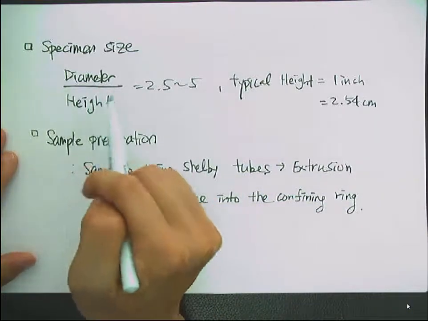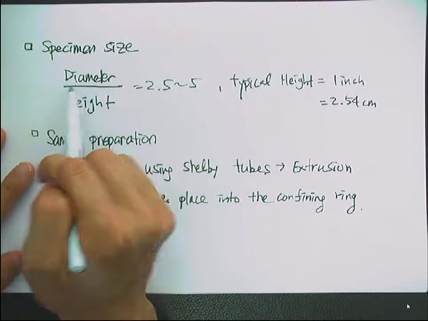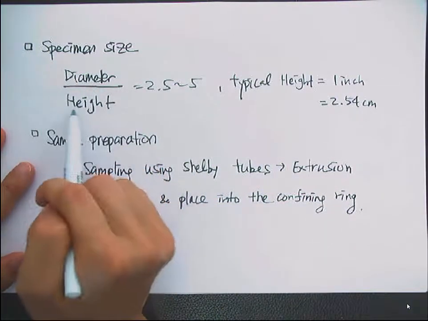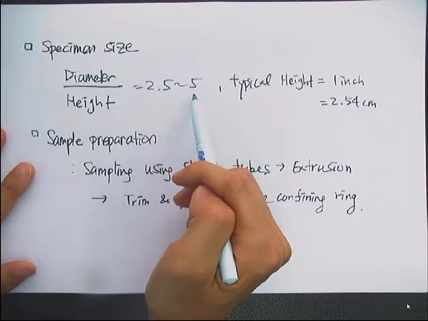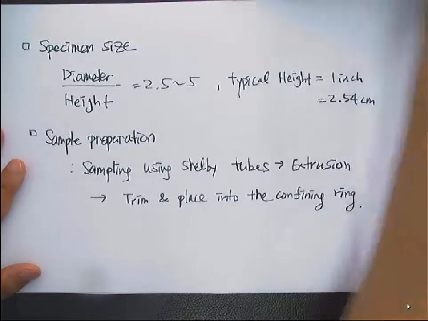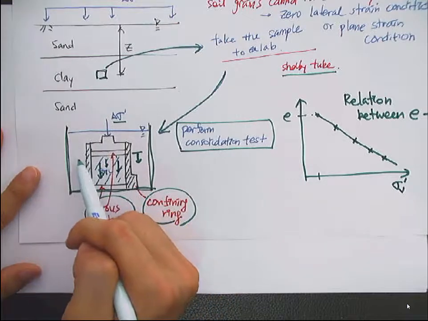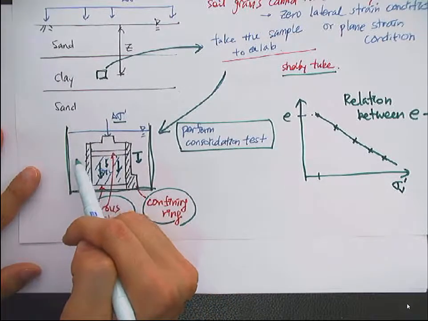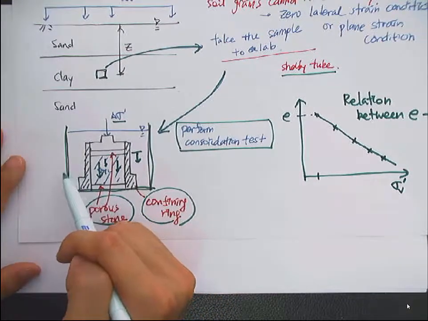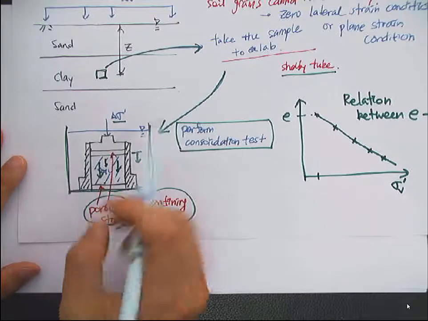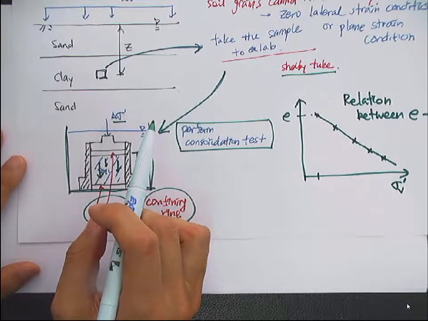In general, the specimen size, the ratio of diameter to height, is about 2.5 to 5. So here, if the height is about 1 inch, 2.5 centimeter, the diameter is about more than 5 centimeter.